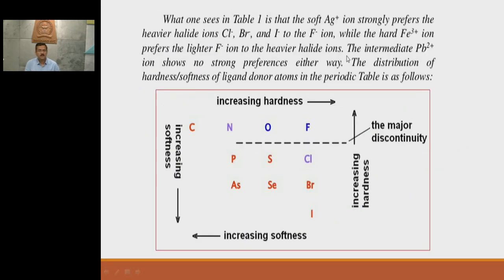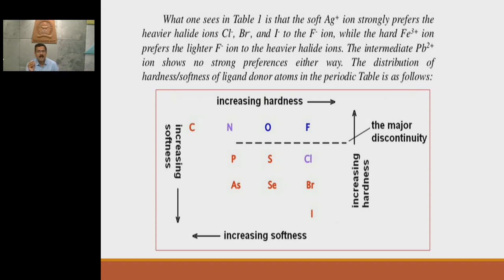Then we have to see another idea about the increasing and decreasing trends of hardness and softness. In the periodic table we look at groups 4, 5, 6, 7 of the non-transition elements: carbon, silicon, germanium, tin, lead, nitrogen, phosphorus, arsenic in vertical groups.